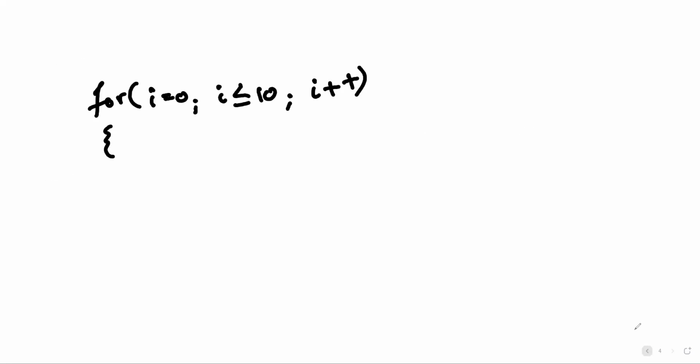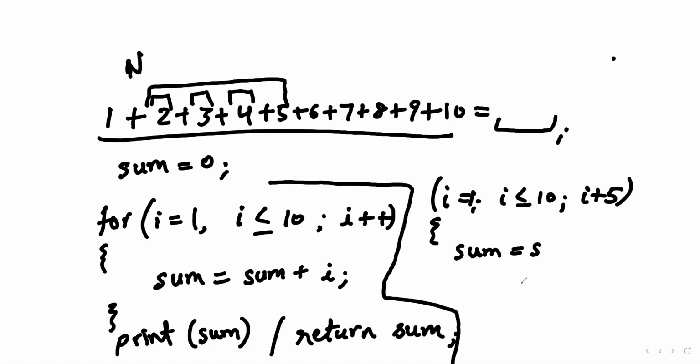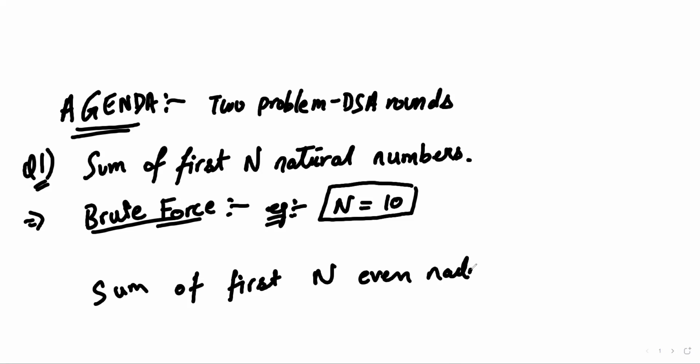See, your approach can work if we change the question. Right now, the question given to us is to find the sum of first n natural numbers. But if I change the question to find the sum of first n even natural numbers, then we can start from i equals 0 and increment by 2 on each step, so i plus 2.